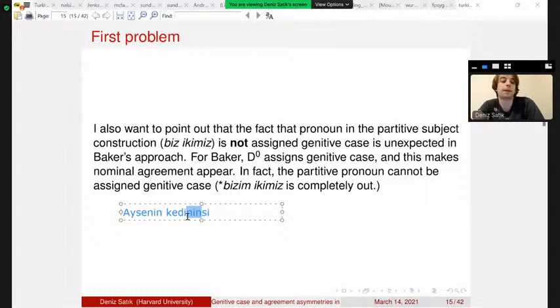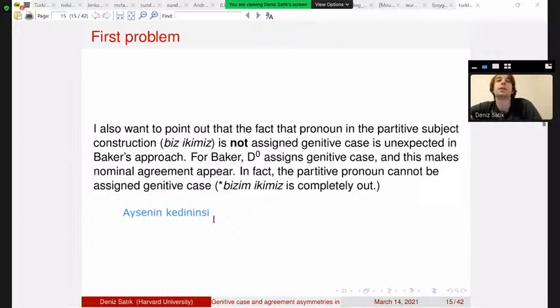Why does the possessor get the genitive case, but the possessed noun phrase does not? I'm not sure that's a problem, because that just depends on the definition of unmarked case, right? Correct. That's what I'm after.